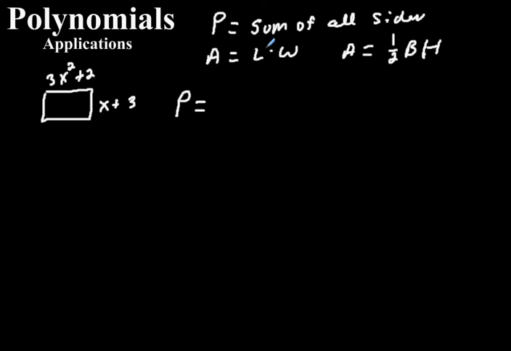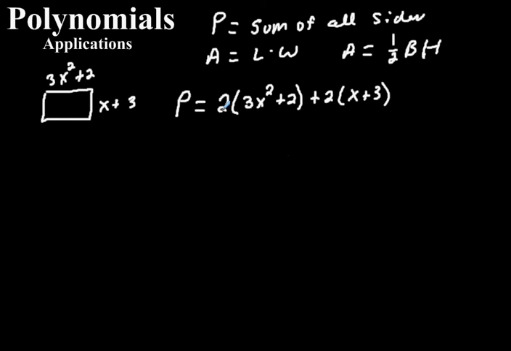Sum of all sides. If these two sides are equivalent, we would multiply this by 2 and then add it to this multiplied by 2. It would look like this: 2 times (3x squared plus 2) plus 2 times (x plus 3).